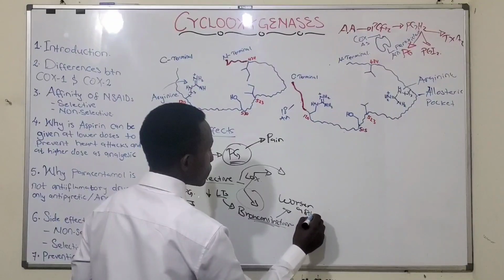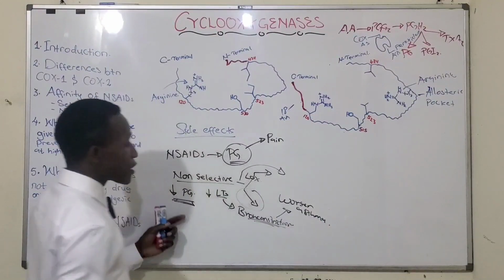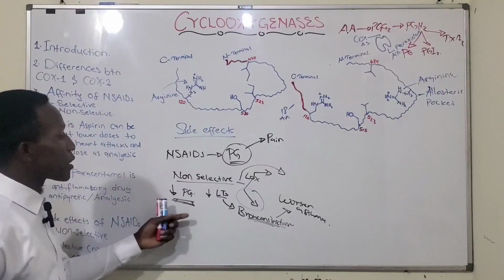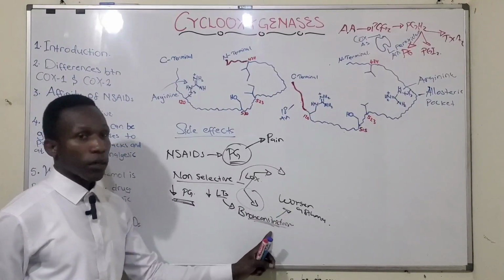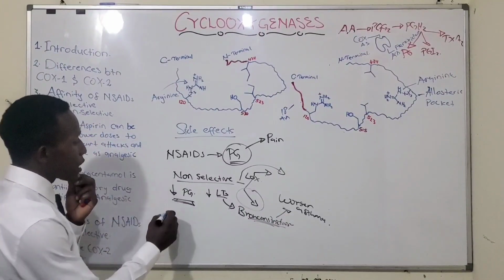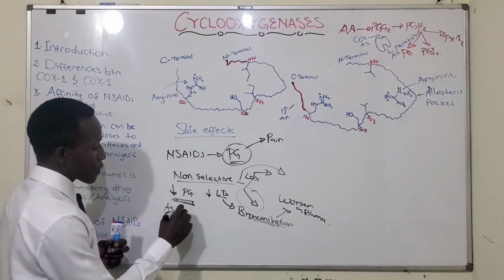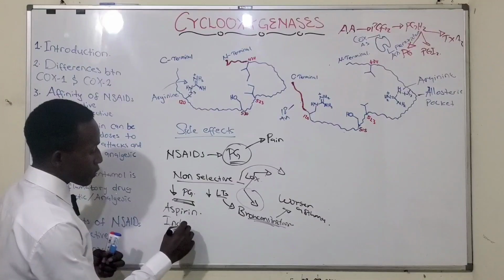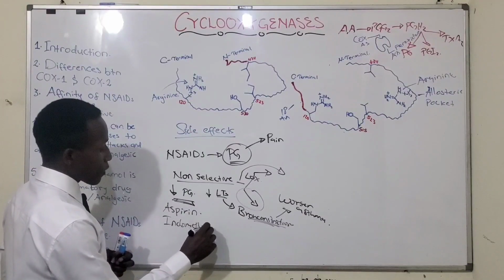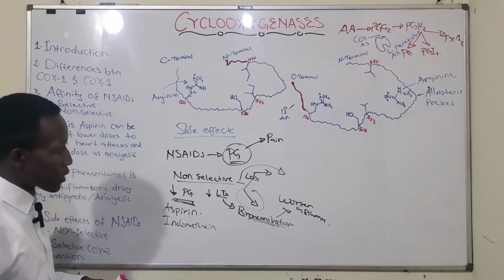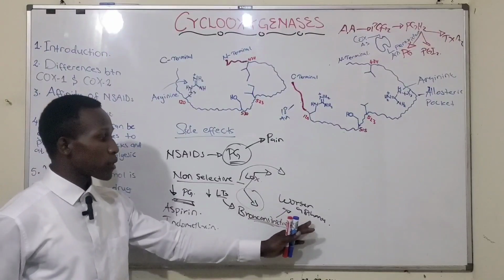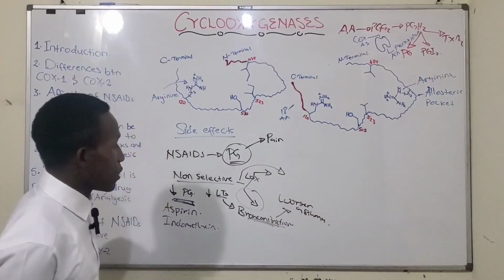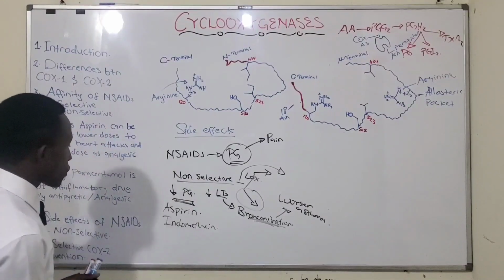The NSAIDs with higher affinity for COX1, the likes of aspirin, indomethacin and other NSAIDs, can worsen asthma. So their use in asthmatic patients is contraindicated. So that's one.